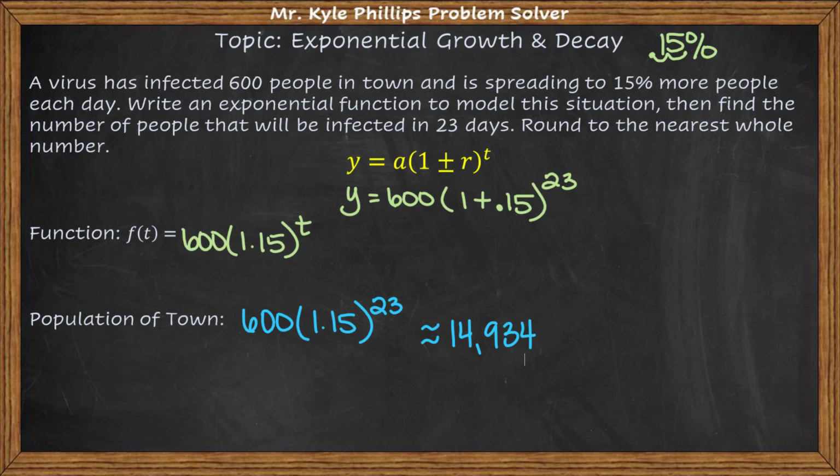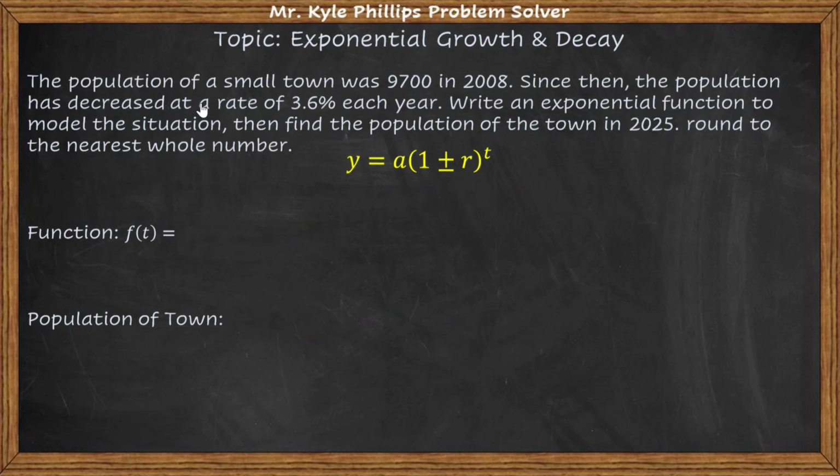Okay? Let's take a look at another example. The population of a small town was 9,700 in 2008. Since then, the population has decreased at a rate of 3.6% each year. All right, so decrease, we're going to say 1 minus. So here we have y equals the initial amount, 9,700, times 1 minus the rate as a decimal.